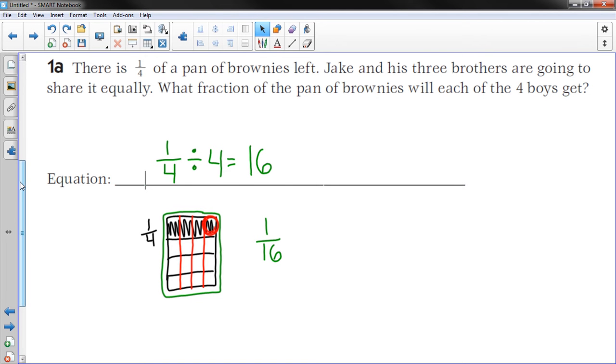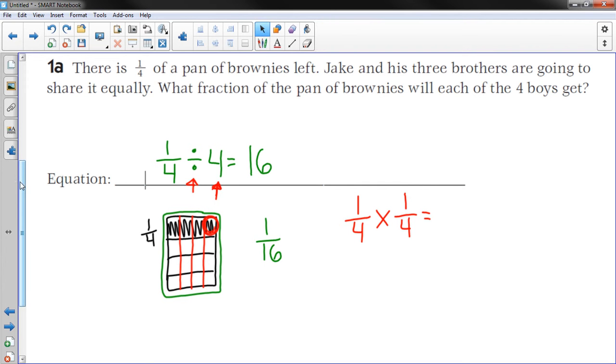Well, what's that look like mathematically? Well, mathematically, to solve that, you could just do 1/4, and where it's division here, you can actually put a multiplication sign here, but when you do so, this 4 is changed to its reciprocal, and a reciprocal means it's changed to 1/4, like that.